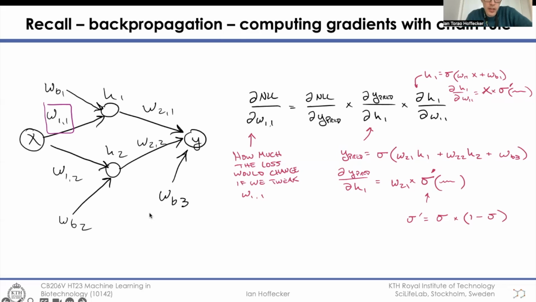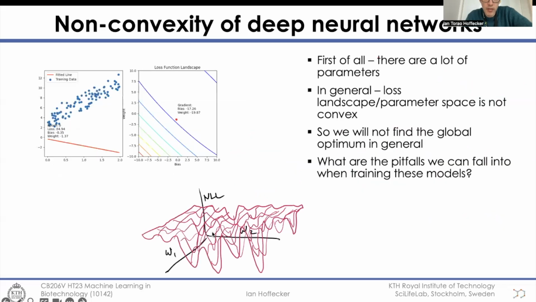And one of the things that we noticed, first of all, is the sheer number of parameters that we have. This is going to be a general feature of these models, that there are a lot of parameters and that the landscape of the loss function, or of the parameter space, is going to be complex.